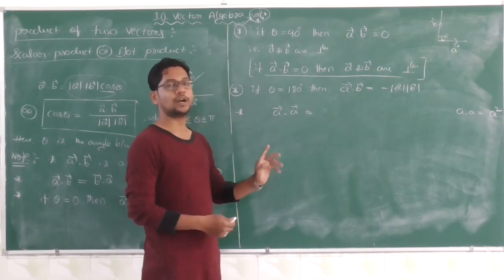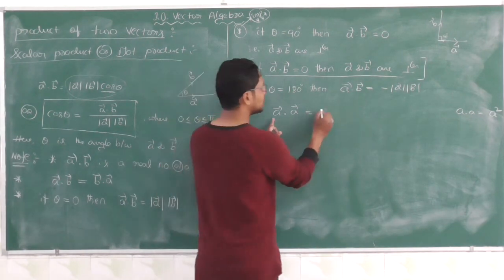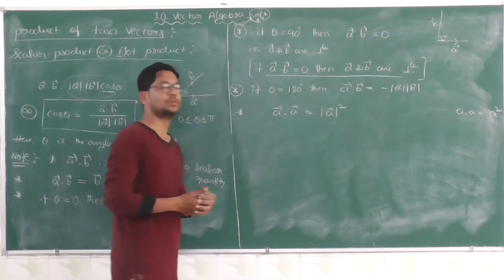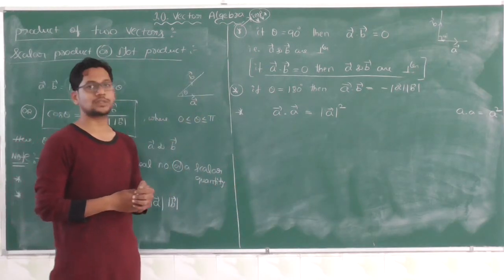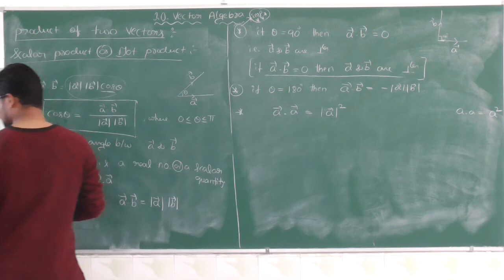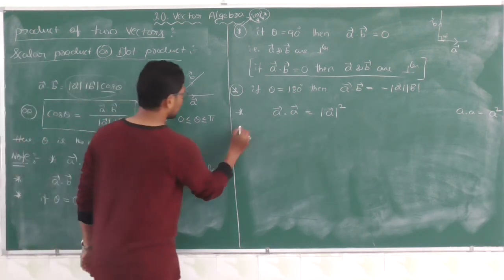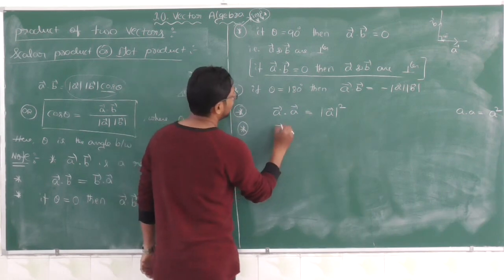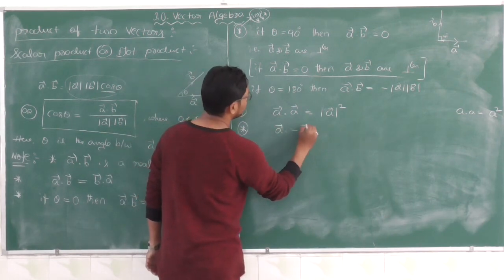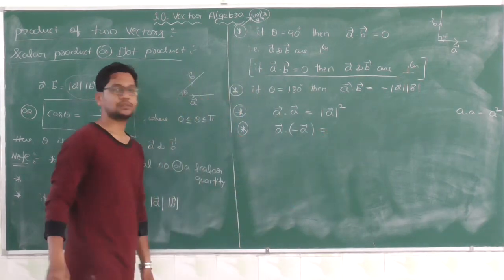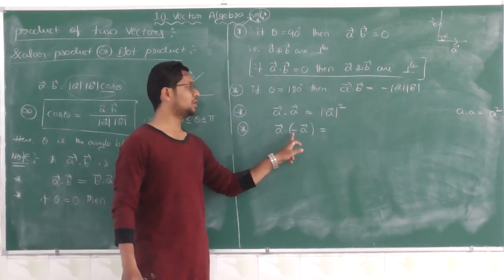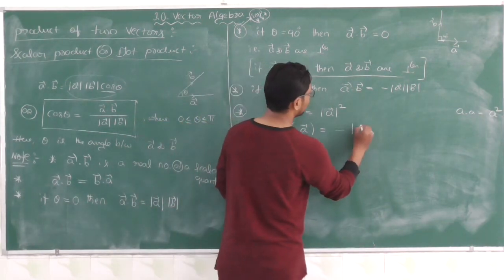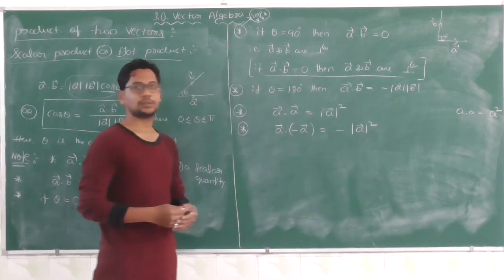A dot A, the dot product of the same vector, is magnitude of A vector square. Okay. Next point. A dot minus A vector equals what? It is A dot negative of A vector, then negative of magnitude of A vector square.